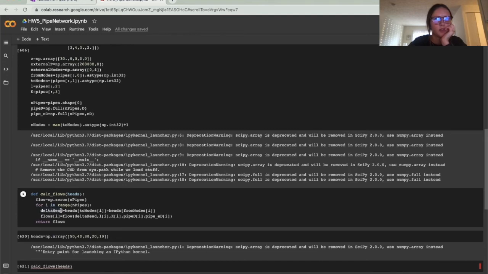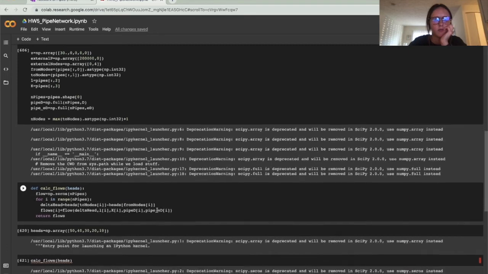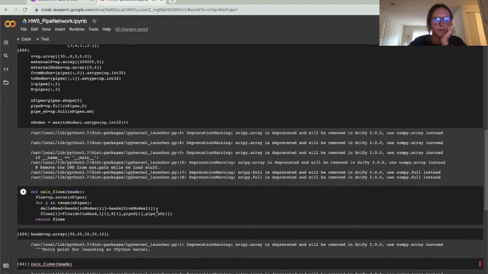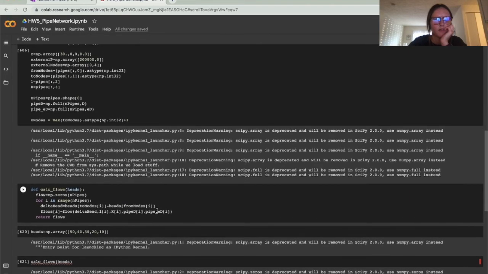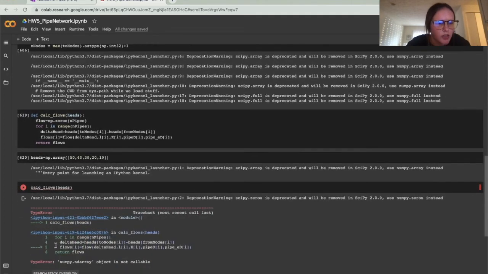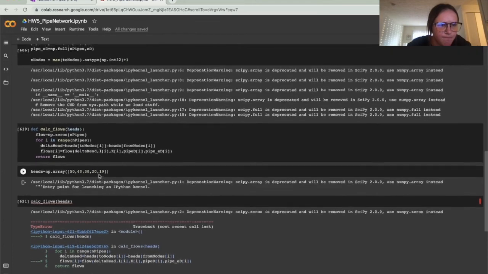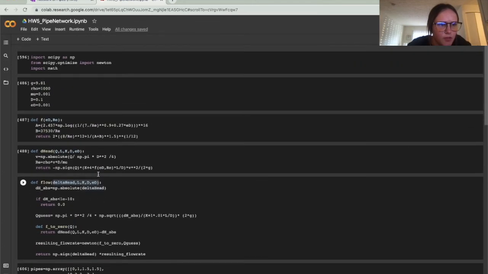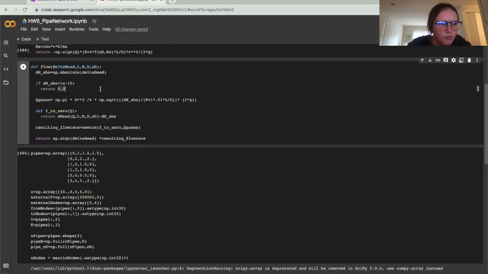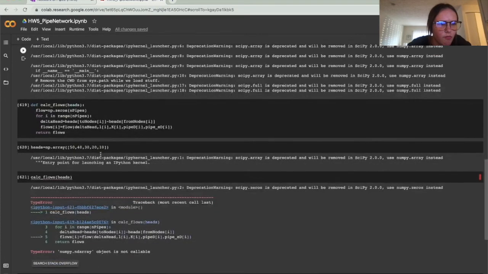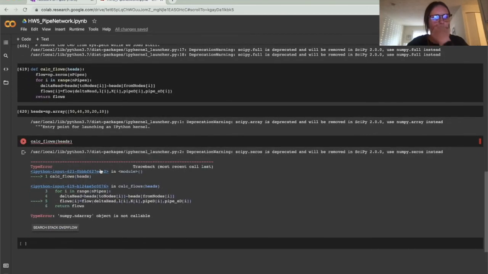Delta head is going to equal heads, 2 nodes, minus heads from nodes. Let's see, it's saying the error is in this line. Do I have a mistake in my flow? Doesn't look like it.